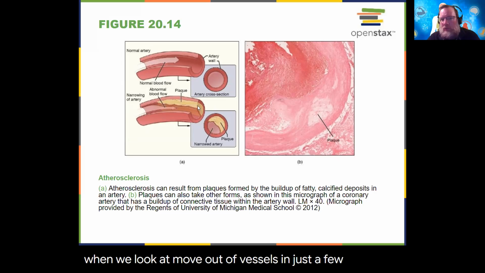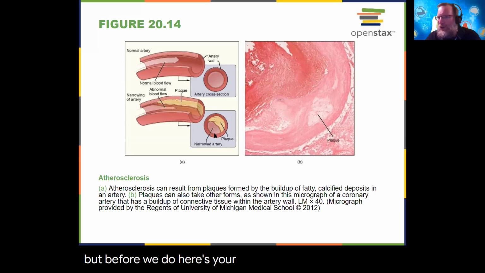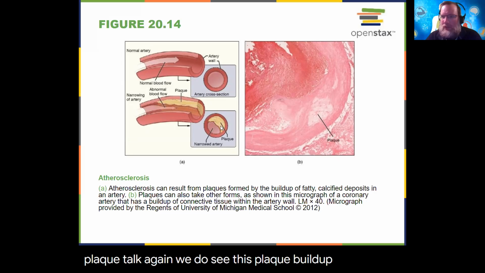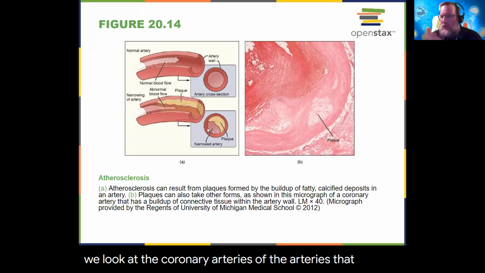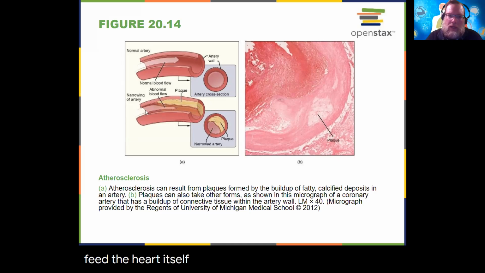We're going to move out of vessels in just a few seconds. But before we do, here's your PSA, your atherosclerosis or plaque talk. We do see this plaque buildup is going to be a problem in a lot of areas. It's primarily a problem when we look at the coronary arteries, the arteries that actually feed the heart itself.